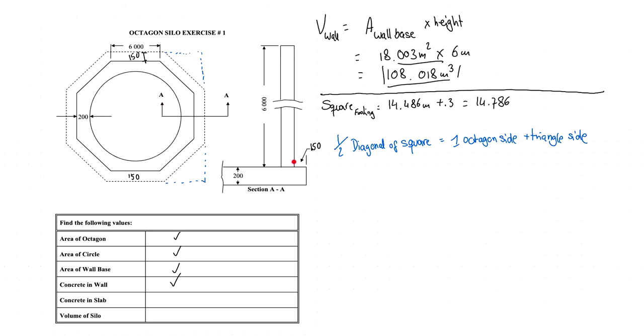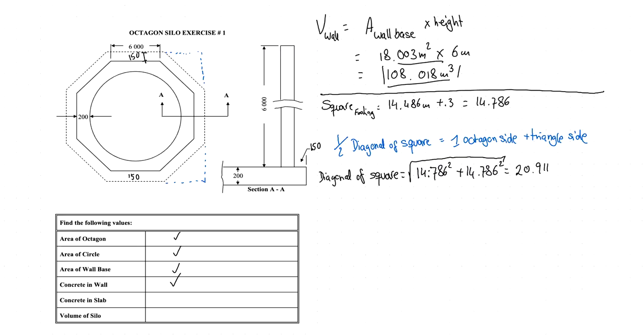First, we need to find the diagonal of our square. So diagonal of square, how do we find that? A squared plus B squared equals C squared. So we've got 14.786 as our sides squared, right? We just figured that out up there, plus 14.786 squared. Take the square root, which gets us the full diagonal of 20.911.